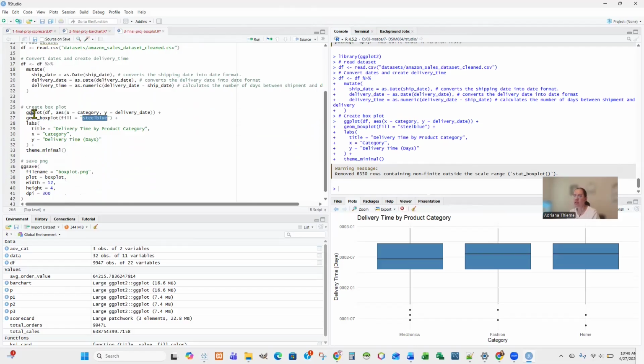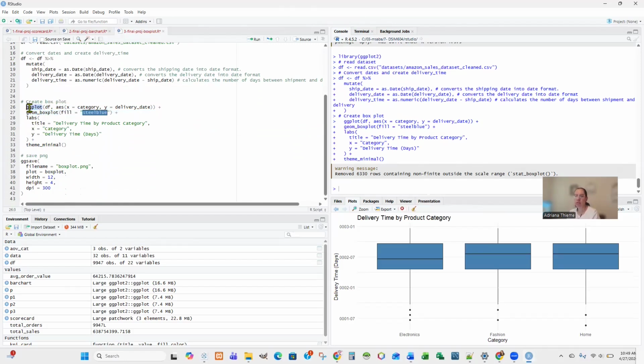Then using the geom_boxplot function, I was able to create the box plot for each one of the categories. So the ggplot function sets up the chart with the product category on the x-axis down at the bottom here, electronics, fashion, and home. And also the number of days that it took to deliver the order on the y-axis.